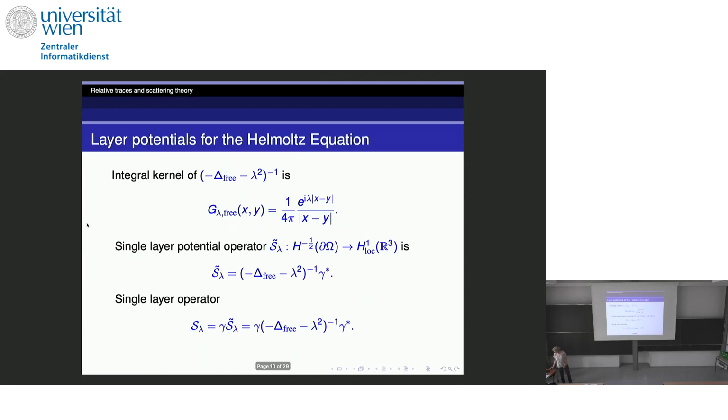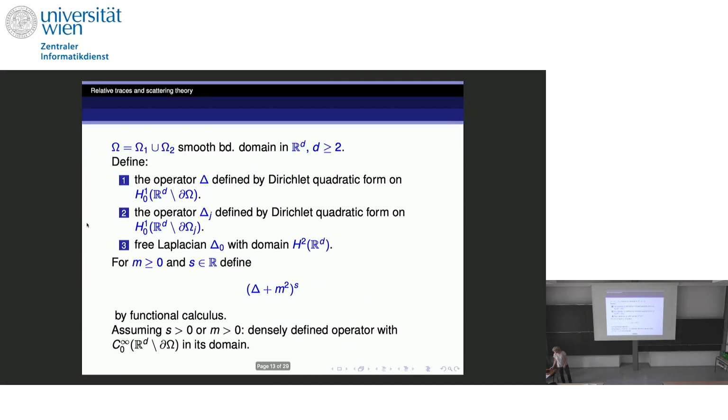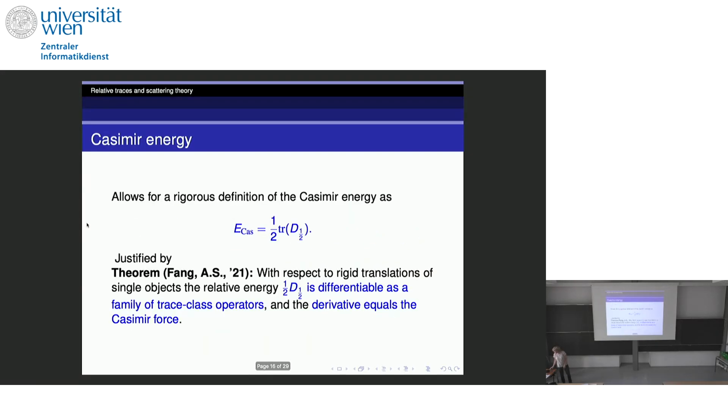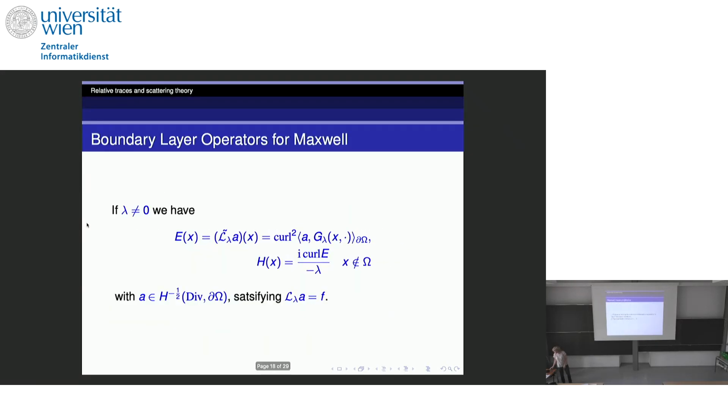So most of the previous literature you'll find uses lambda not equal to 0, because h of x is equal to i curl u over minus lambda. And well, at lambda equals 0, you have a problem, right?